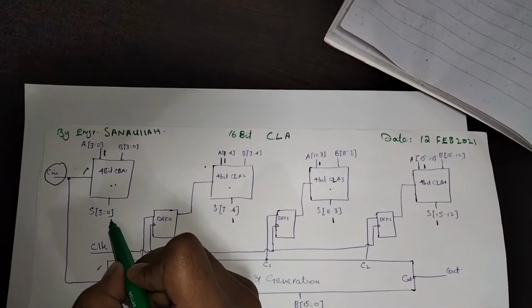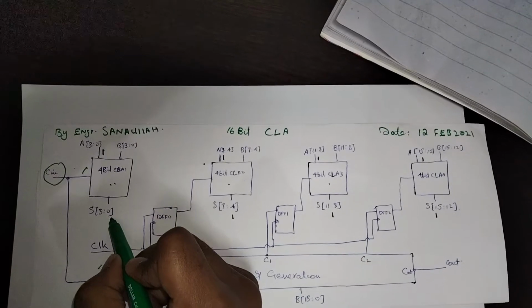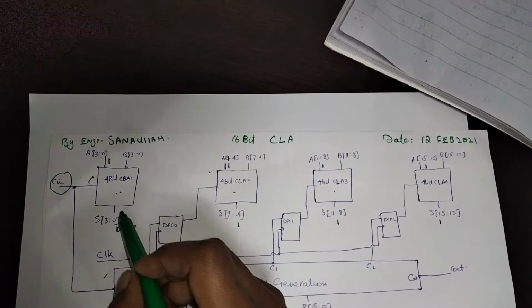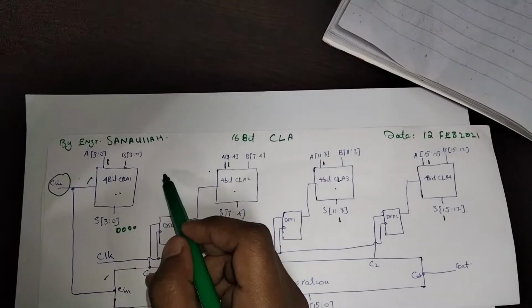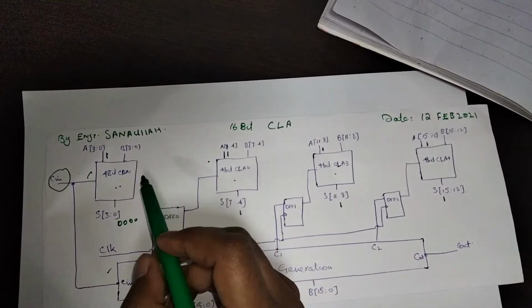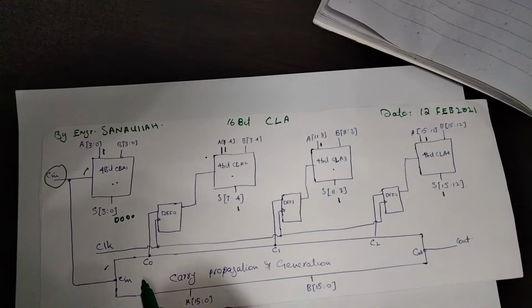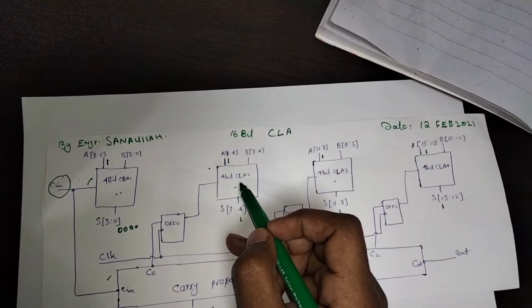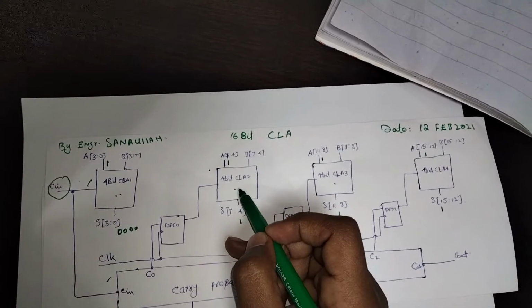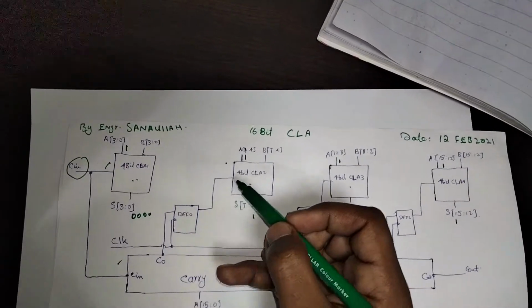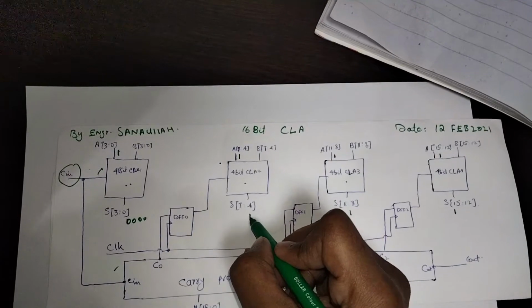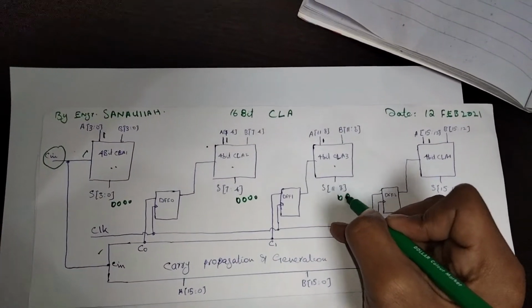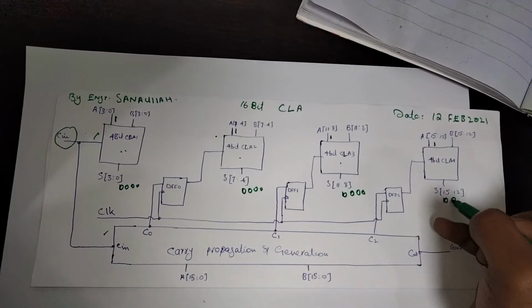So here what we will get is 4-0, 4-0. As there is no C out, from this the carry will be transferred to the next clock cycle. This carry will be fed in this side. So this will be 0, 0, 0. Same for this and same for this.